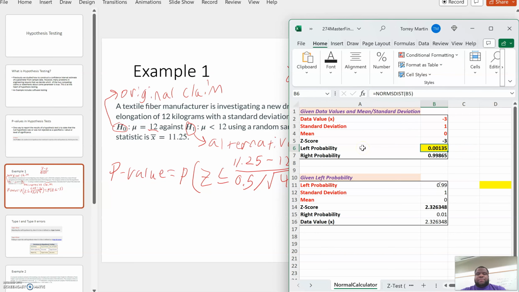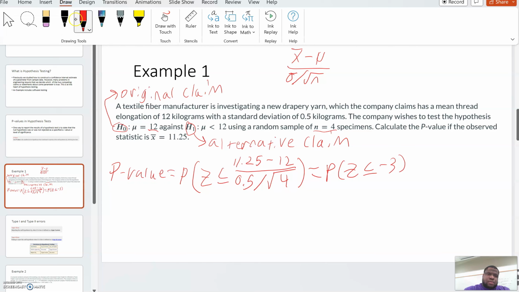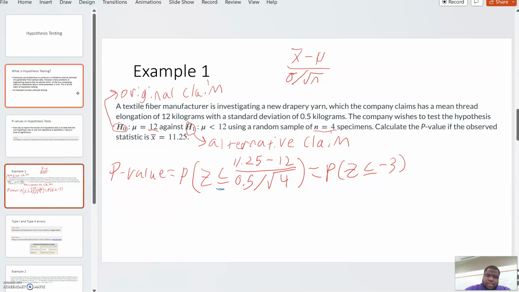And we want the left probability because we're saying that Z is less than the value that we're finding.